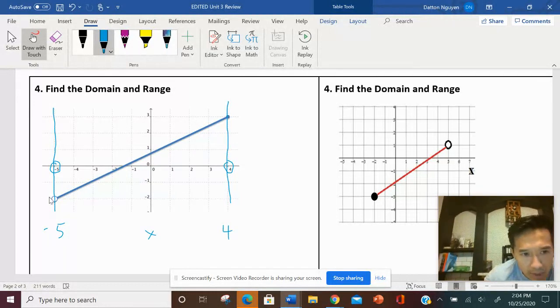Now remember, that's an open hole or open dot, however you want to say that. So I'm going to say x is greater than -5. At the right endpoint, it's a closed dot, so I can include that point. That means I can include all values on the line up to that point. But it's not greater than that. So x is less than or equal to 4. So this is my domain.